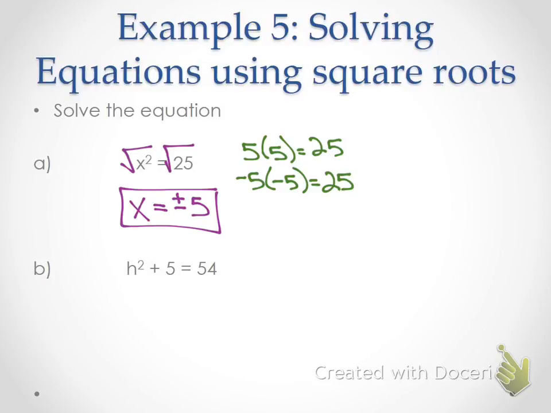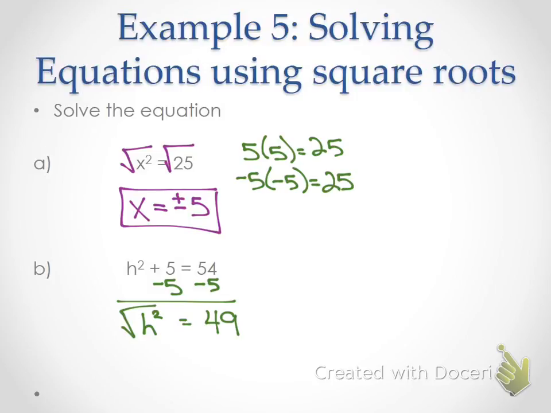How do you get rid of positive 5? You subtract it. And what's really nice about these is a lot of times it works out really evenly. What's 54 minus 5? 49. Can I take the square root of 49? Yes. What's it going to be? 7. Nope, positive negative 7.